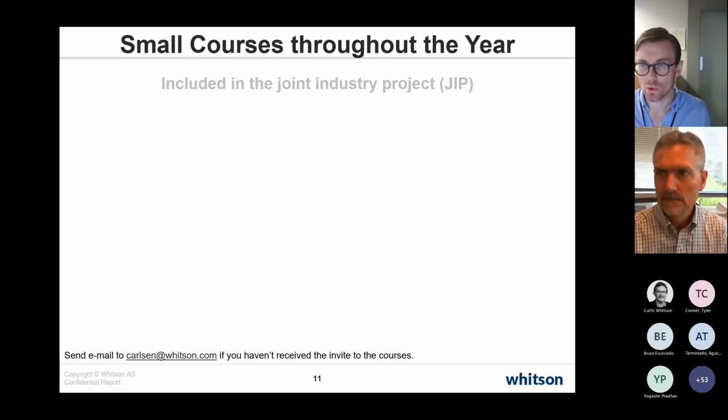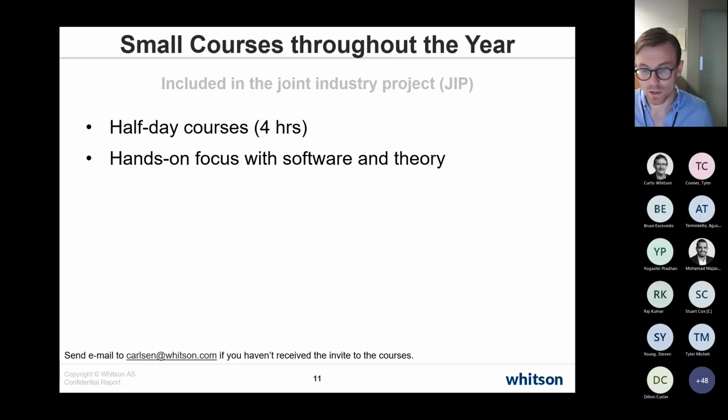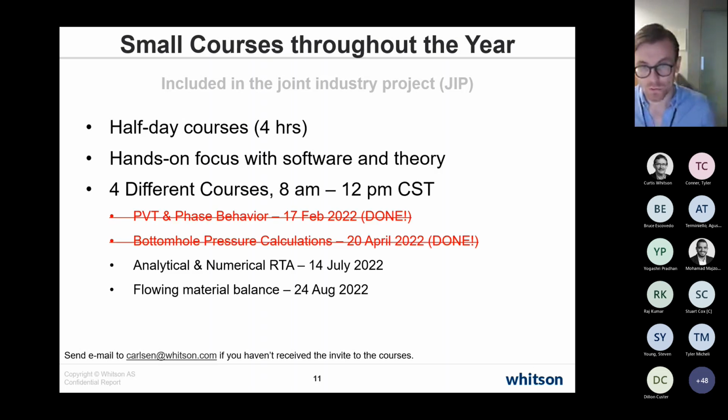There are different small courses as part of the consortium. We are done with 2 of them. All of them are half day, 4 hours, and hands-on when it comes to using both the software and associated theory. The first 2 were purely on PVT parts and purely on bottom hole pressure parts, in February and April. The next one coming up now is on RTA specifically.